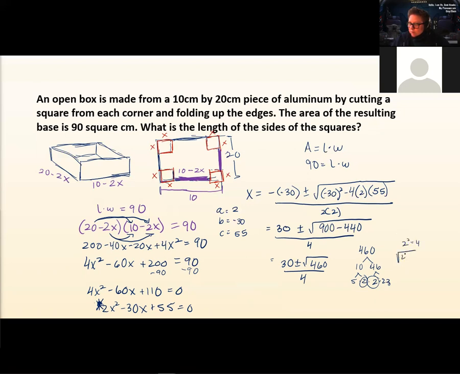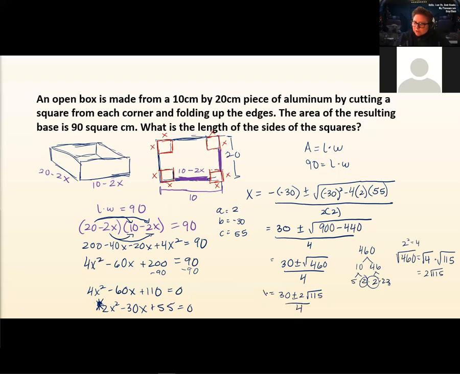So the square root of 460 equals the square root of 4 times the square root of 5 times 23, which is 115. What's the square root of 4? 2, right? And we knew that already. So we have 30 plus or minus 2 root 115 over 4.